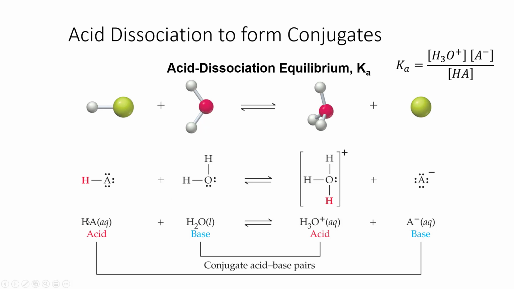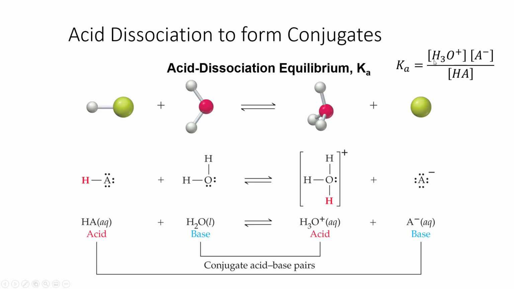We have our reaction here of an acid dissociating in water, so we have our acid plus water in equilibrium with its dissociated H3O plus hydronium ion and the conjugate base. Since water is a pure liquid, we're not going to include it in this equilibrium equation. So we have Ka equal to the right side over the left side, or our air quotes products over air quotes reactants.